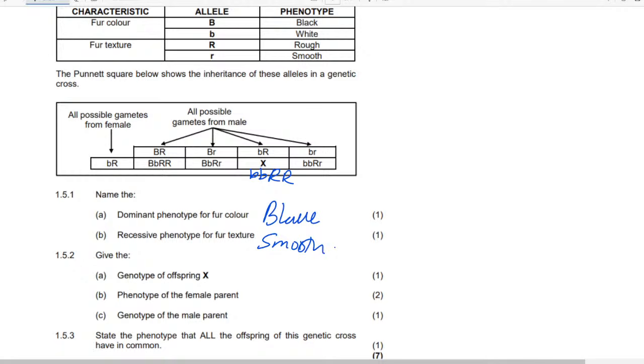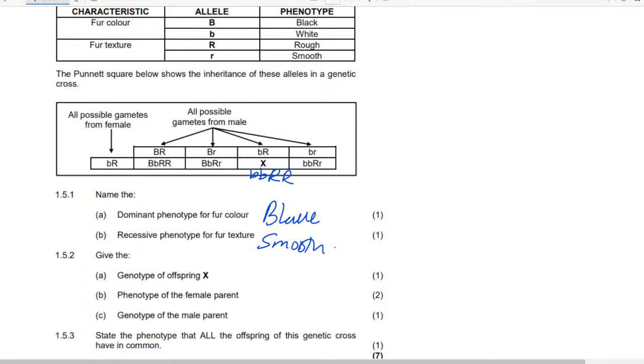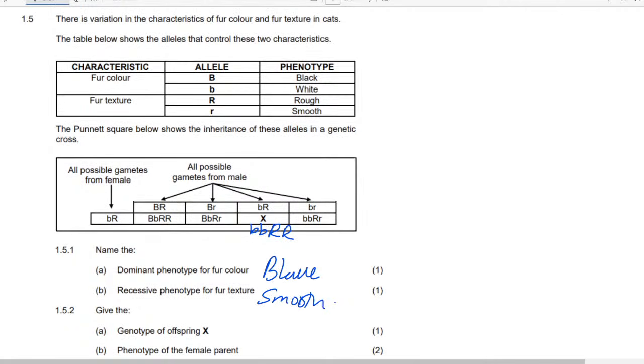Then they are saying the phenotype of the female parent, this male and this female. The genotype is capital B, capital R. Capital B is black, and small b is white, and capital R is rough.